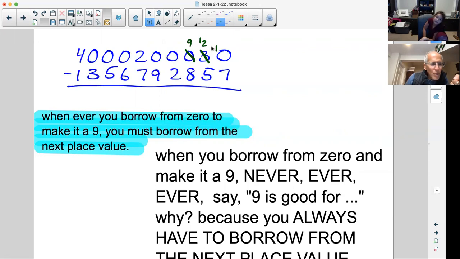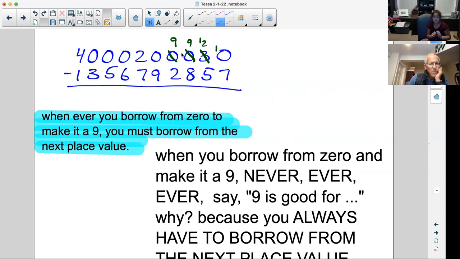The only reason it became a 12 is because 2 is too small for 5, and then we borrow that from the 0, and then we turn the 0 into a 9, and then we borrow that from the other 0, which becomes a 9.